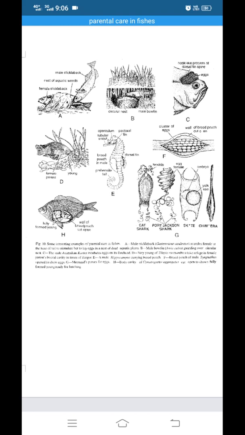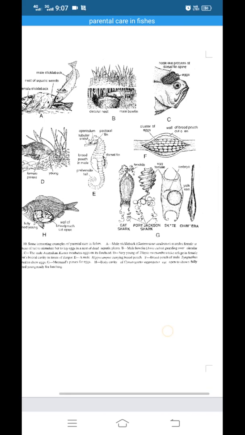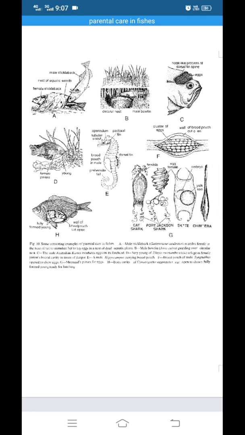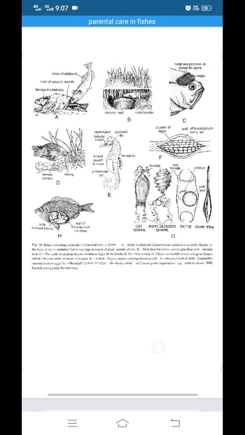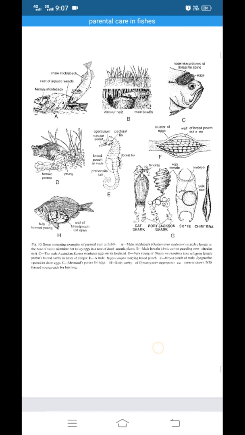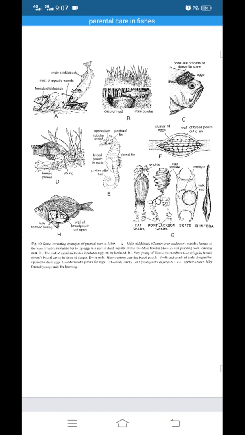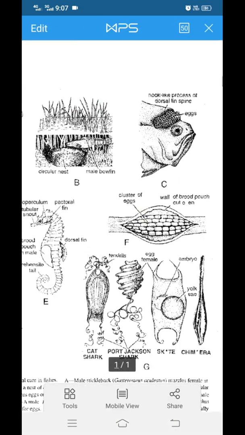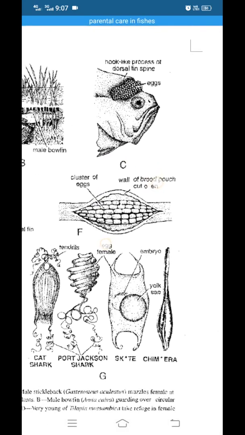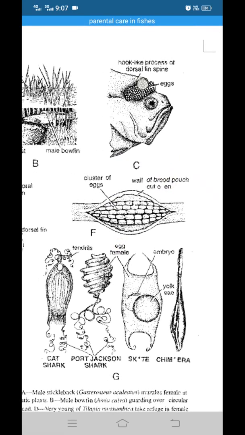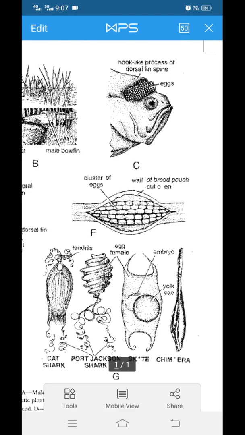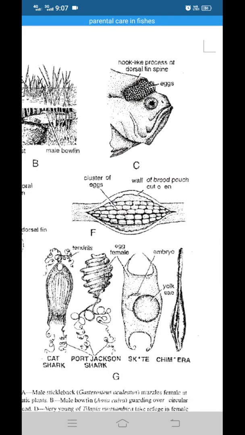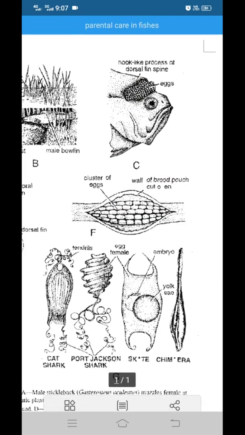A third kind of parental care is attachment to the body, shown by Kurtus, which entangles the egg mass on a hook-like process on its head until they are hatched. Here in the diagram you can see the hook-like process on the head of Kurtus, where eggs are placed until they are hatched.